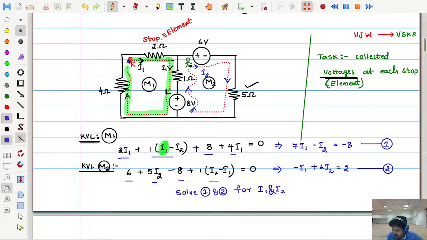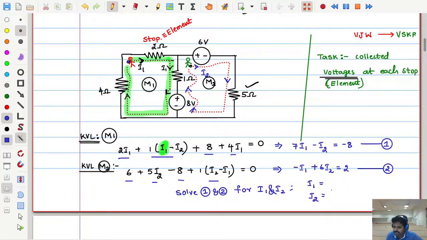If you don't know how to solve using the calculator, just for the sake of this time, multiply equation number 2 by 7 and add the result to equation number 1. You will get I2. Then substitute that I2 in equation number 1 and you will get I1. Like that also you can solve, but I won't recommend it. Use a calculator to solve these two equations. Now you can find how much is I1 and I2.